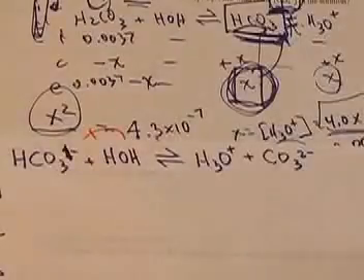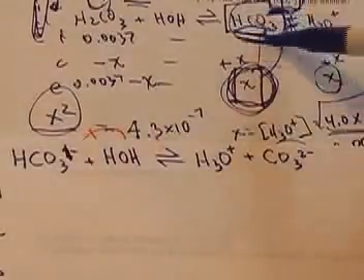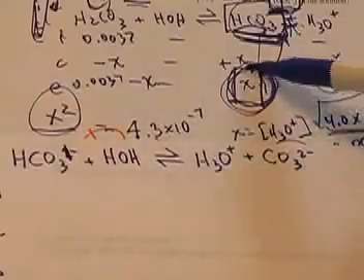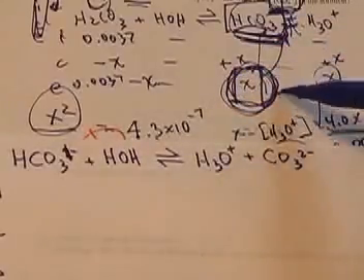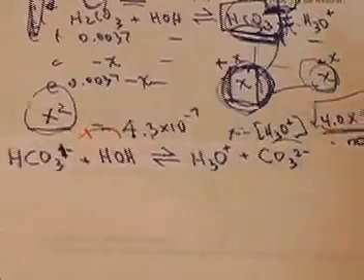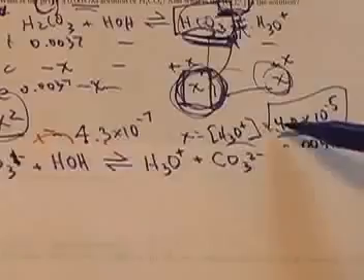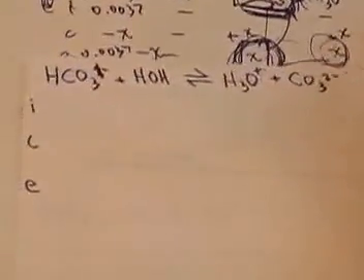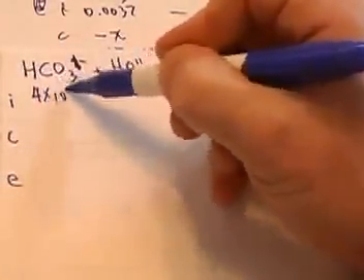Initially, what I'll start with is the amount of HCO3 minus that was produced in this reaction. And remember, this was X in our equation. X is the same as the H3O plus ion concentration, and it's just off the screen here. Remember, X was equal to 4 times 10 to the negative 5th. So sliding this up, I'll start with 4 times 10 to the negative 5th amount of HCO3 minus.